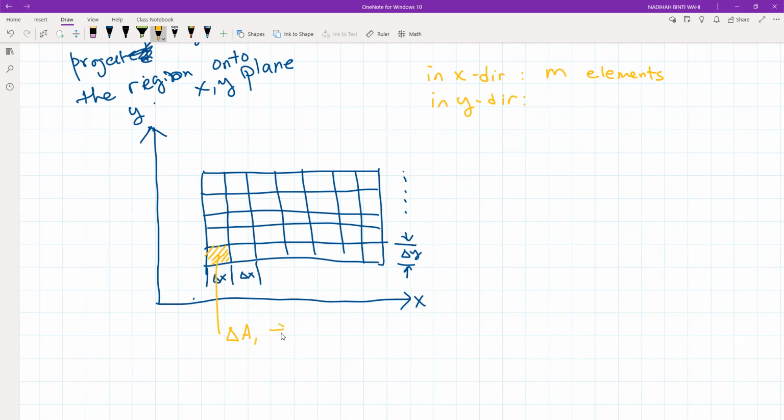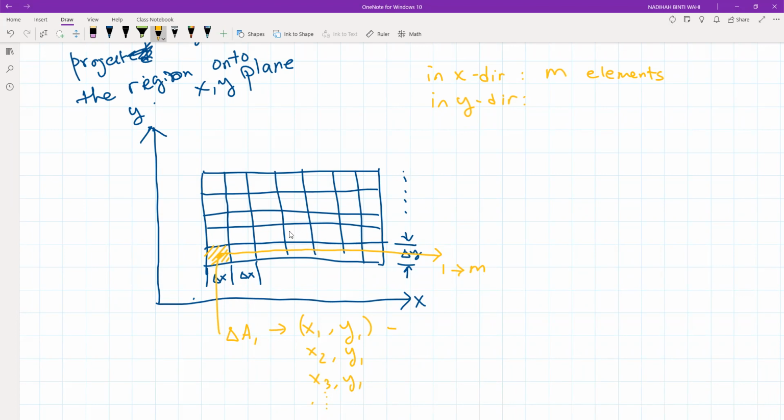This refers to the coordinate x of 1 and y of 1. So x of 1, you will go to this point. How many x? From 1 to m. So it will go to x of 2, y1, x of 3, y1, and so on.